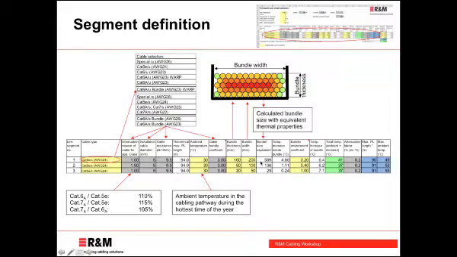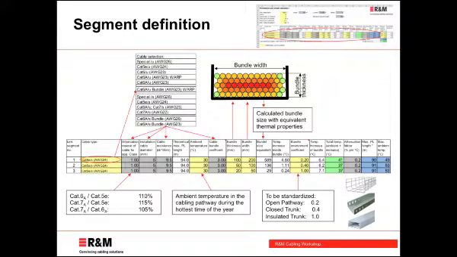Basically this is what we calculate here. This is something that R&M developed, how to get from this bundle size to an equivalent bundle size as it is used in the standardization, to use the formulas of the standardization later on.